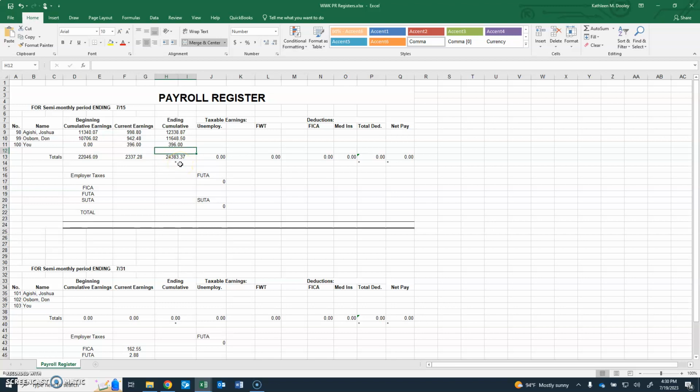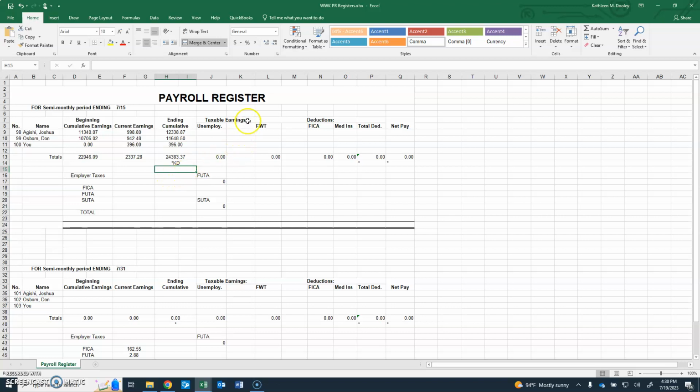And if it does, then you need to put some kind of mark, and you can just put your initials, okay, in there to show that you did check that, and yes, it does equal.